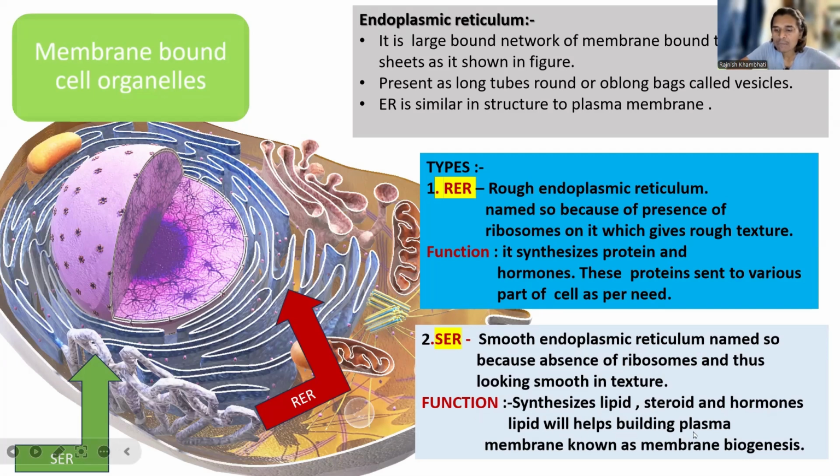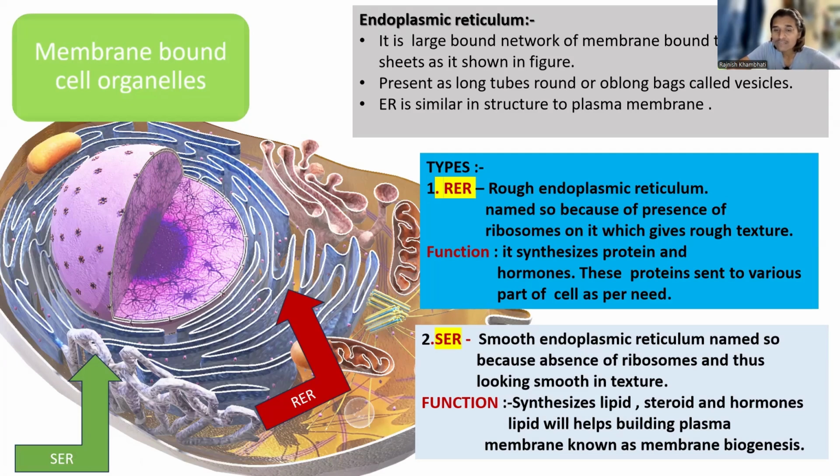Lipid will help build the plasma membrane, because the plasma membrane is made up of lipid, phospholipid. And so it is known as membrane biogenesis, meaning formation of a membrane. If you don't understand, I will tell you again. The function is to make lipids, all types of lipids like steroids and hormones.